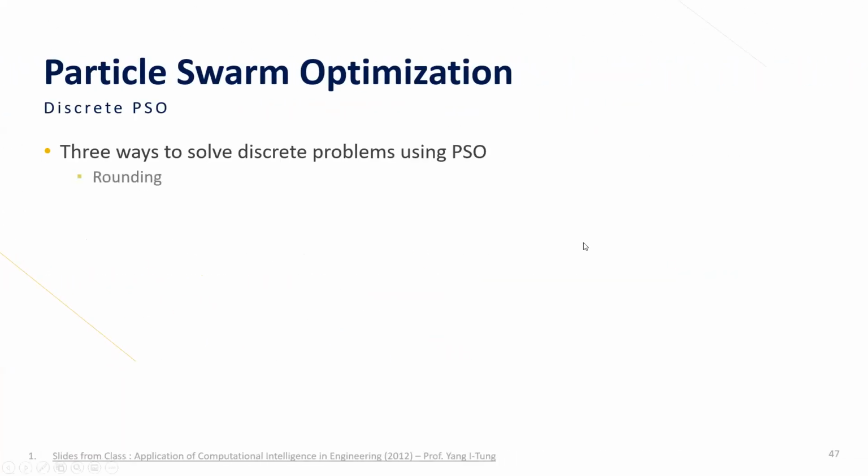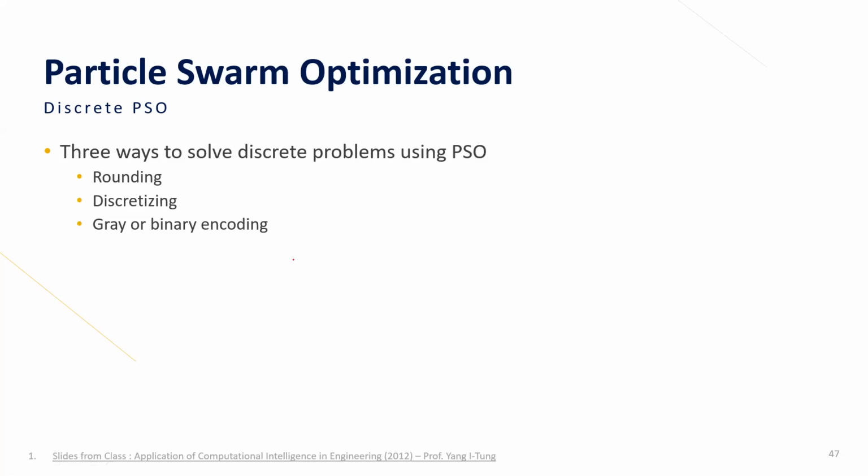Okay, another one is discrete PSO. Discrete PSO has so many ways to do what we call encoding, because from the real number that is decoded, you try to encode it to become a solution representation that is understandable by the reader or by the decision maker.